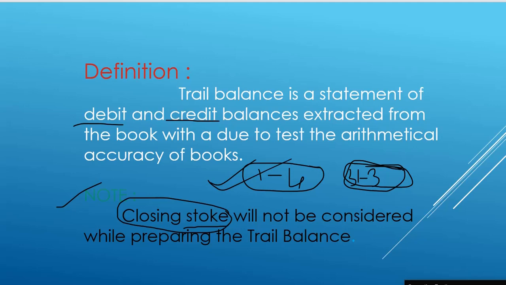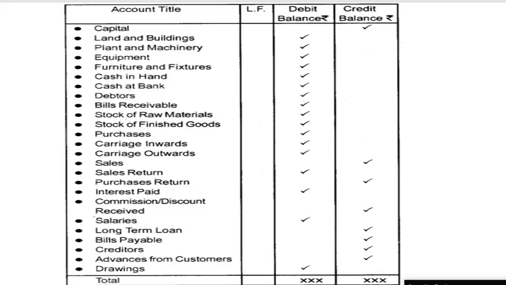Okay guys, next, let us see what things and balances come under debit and what come under credit. Capital means, guys, whatever amount or profit is left with us at the year ending.